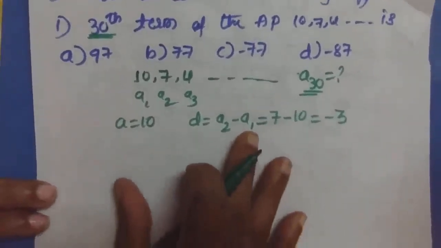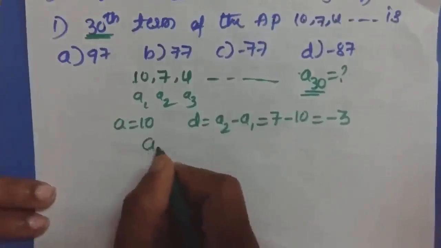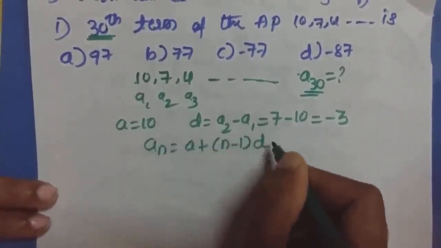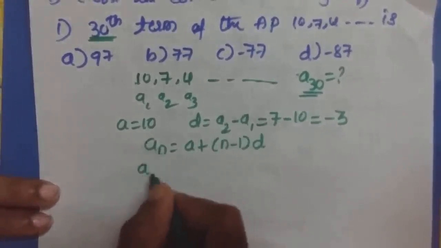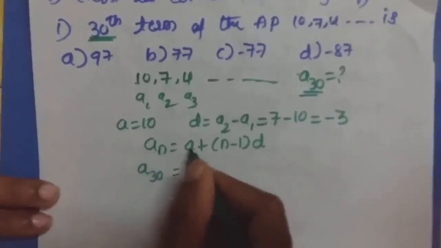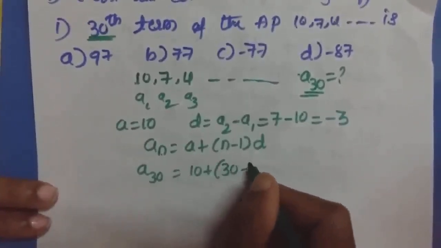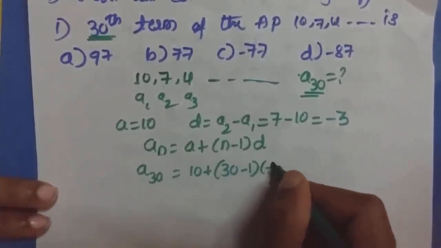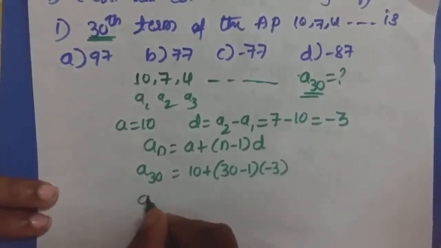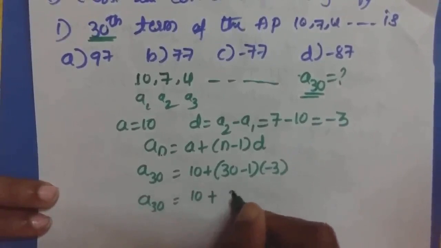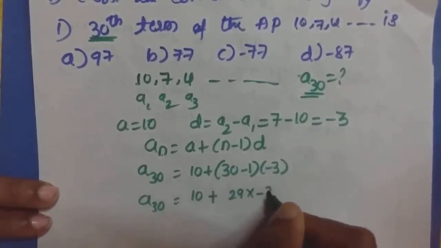Then the 30th term. We know the formula: an equals a plus (n minus 1) into d. For a30, n is 30 here, a is 10 plus (30 minus 1), and d is minus 3. Then a30 is 10 plus 29 into minus 3.